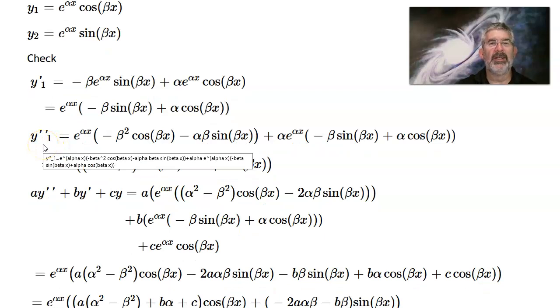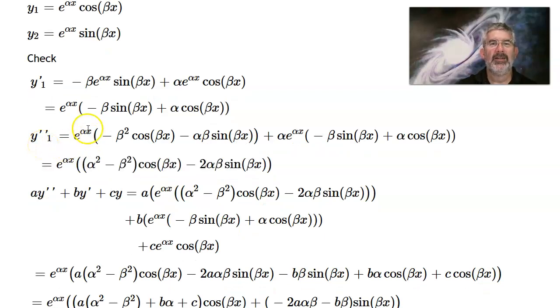Second derivative is the derivative of this thing. Again, I'm doing a product rule, leaving the exponential alone, taking the derivative of the sine and cosine, and then taking the derivative of the exponential, leaving the sines and cosines alone. And then doing a little bit of algebra, factoring out the e to the alpha x, and then collecting my cosines and collecting my sines.